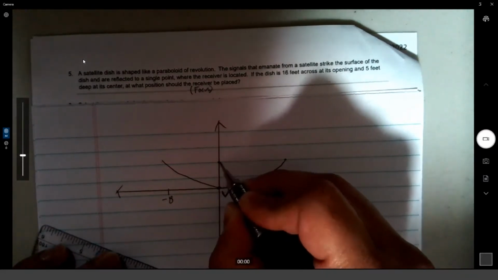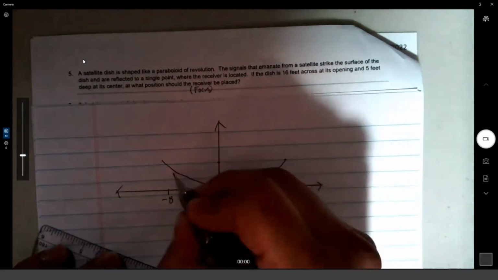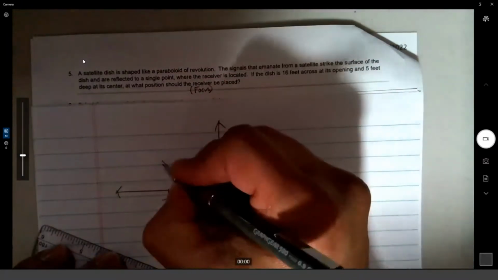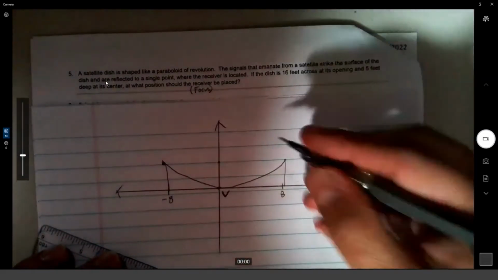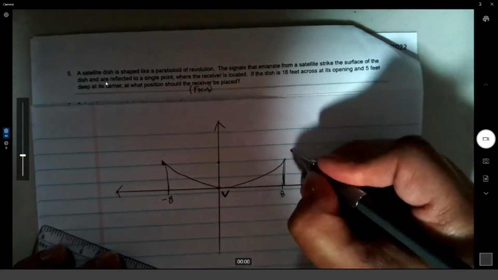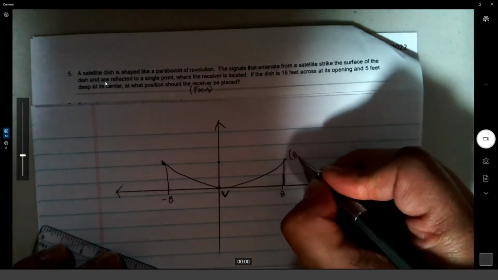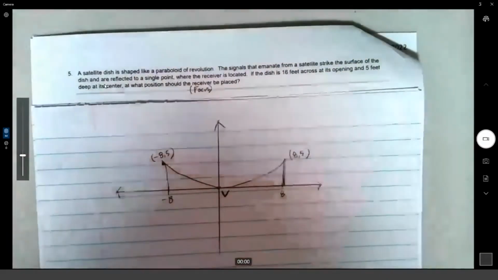But I don't want to label that point in any form because that's not the focus. It's just telling us that these ordered pairs are of the form 8, comma 5 and -8, comma 5.